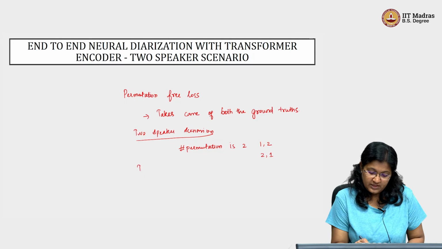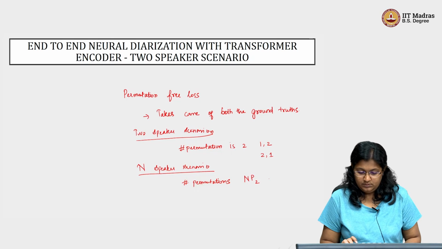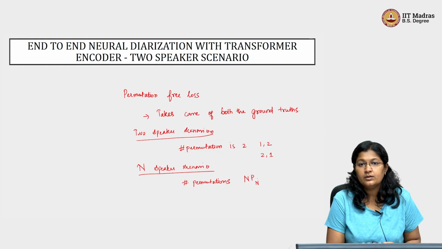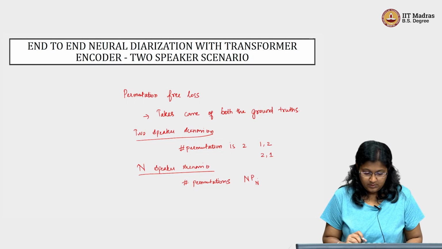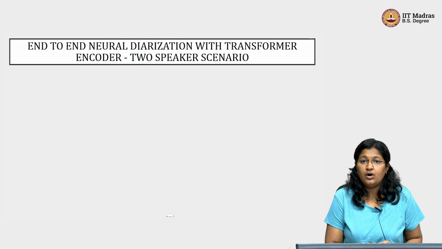So, if I have a 3 speaker scenario, n speaker scenario, how many permutations? NP2. I'm sorry, not NP2, NPN. Okay. So, these many permutations you are supposed to take care of. Okay. So, that ends our discussion on diarization and thank you.